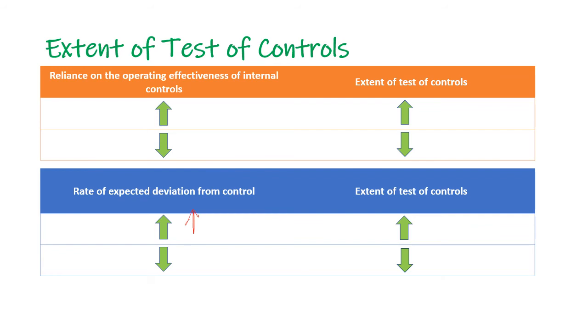And as a result, kung dili effective ang controls for that assertion, what do? We do not rely on the controls and we will stop our test of controls. So the auditor designs tests of controls to obtain sufficient appropriate audit evidence that the controls operated effectively throughout the period of reliance. Okay?